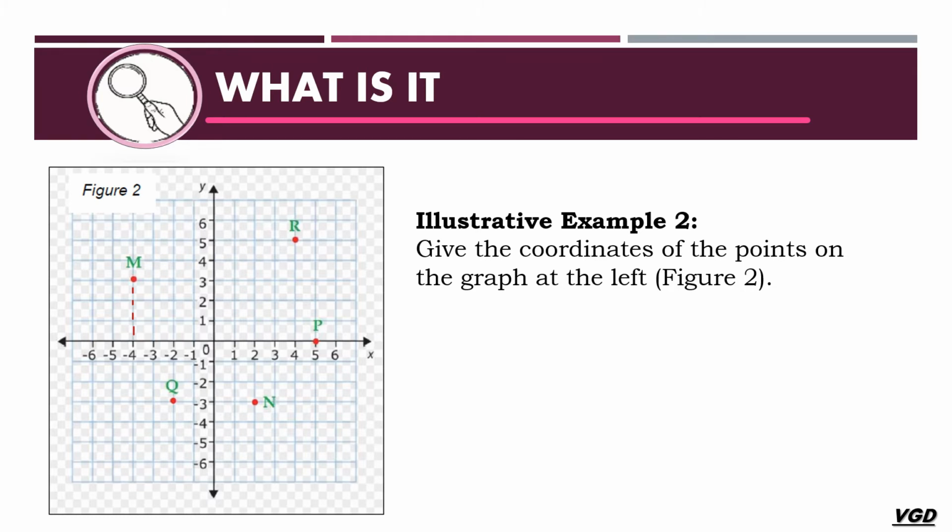And for the y, we also create an imaginary line to know where it lies. So we got here +3. Therefore, the coordinates are -4 as the x value and +3 as the y value.